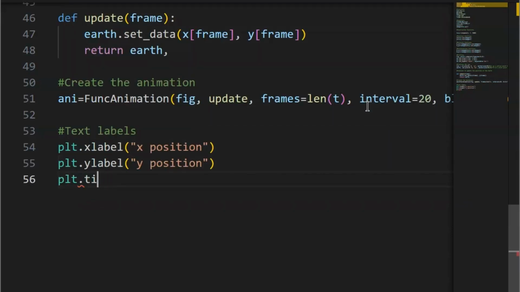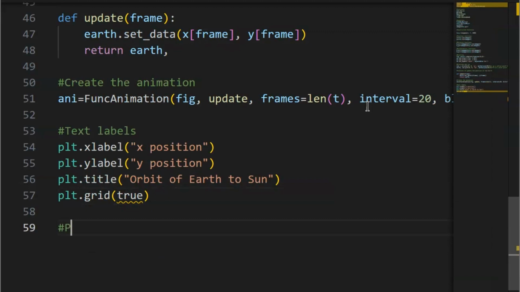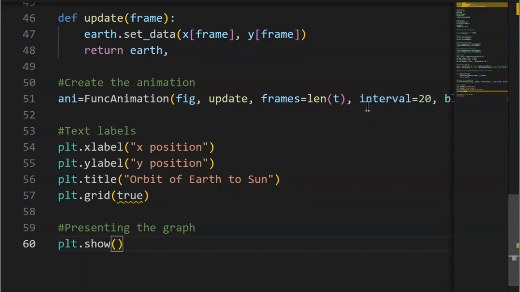The title of the graph is going to be orbit of Earth to Sun, and we want the grids. You can put it to false, though you'll not see the grids which you saw during the beginning of the video. And finally, we want to be presenting the graph, or just show it. So I'm just going to say plt.show. That's it of the code, and that's how it works.